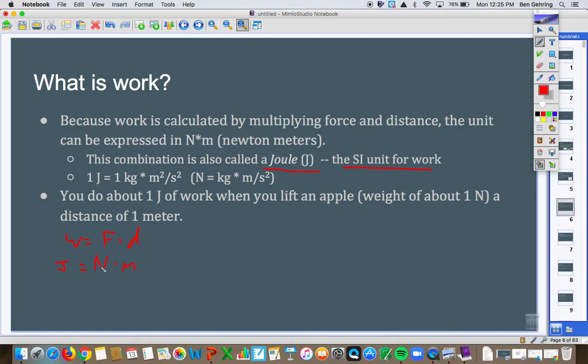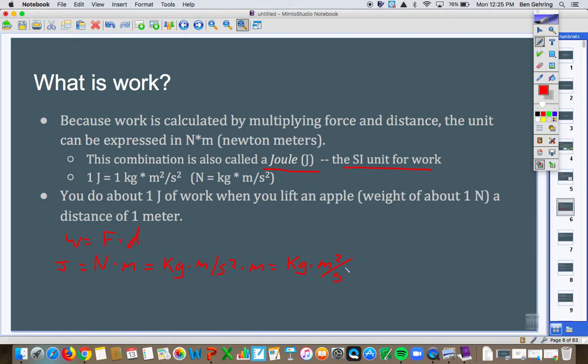And then we said newtons is equal to mass times acceleration. So we can have kilograms times acceleration, which is meters per second squared, and we can take that times meters. Another way to write this would be kilograms times meters squared per second squared, because I have meters here and meters here.